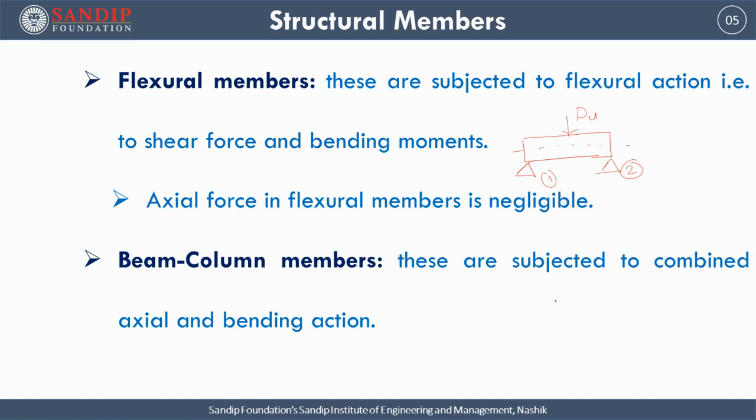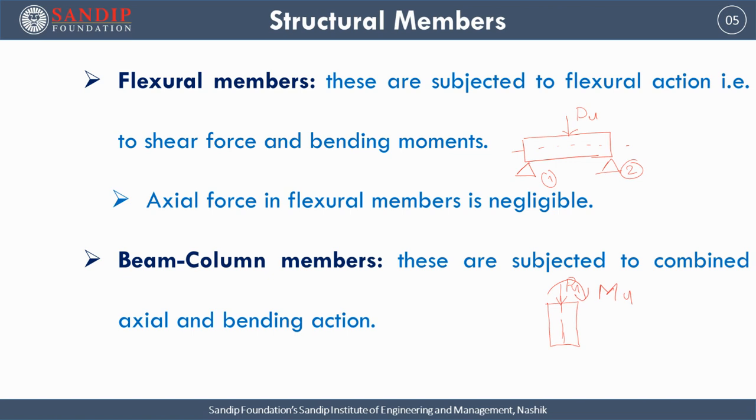The next category is beam column members. Beam column member means what? The member is subjected to a combination of loads. There is load acting along the axis of the member, and along with that, it is subjected to bending moment as well. Such members are termed as beam column members.